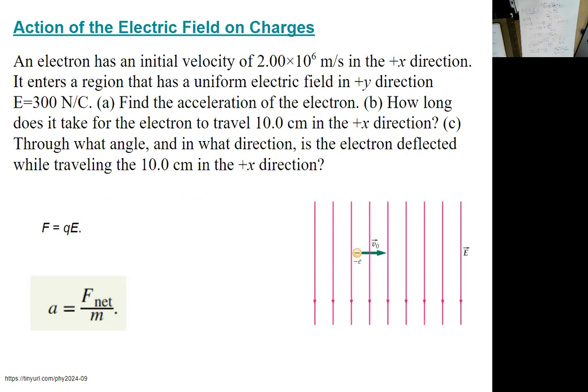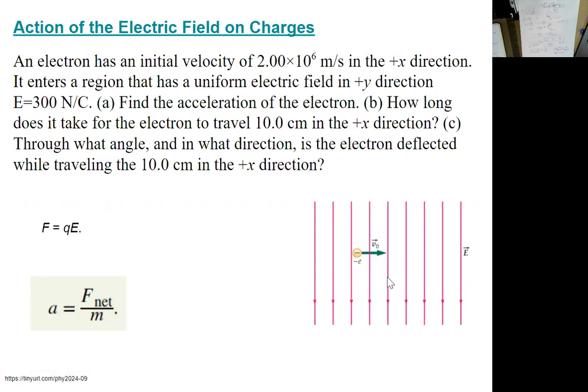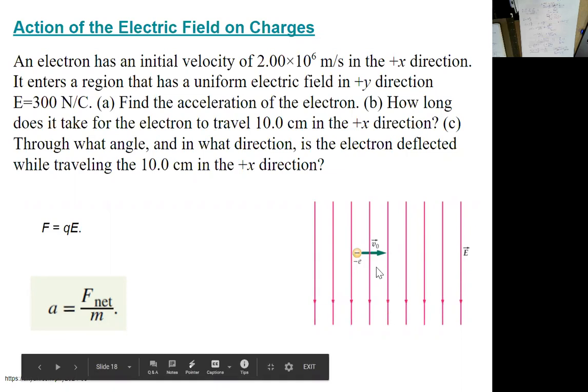Now this one says an electron has an initial velocity of 2.00 times 10 to the 6 meters per second in the positive x direction. Okay, so in the x direction here, it enters a region that has a uniform electric field in the positive y direction. So in this case, positive y is in the downward direction, okay.